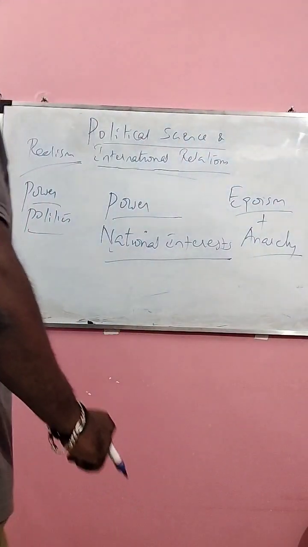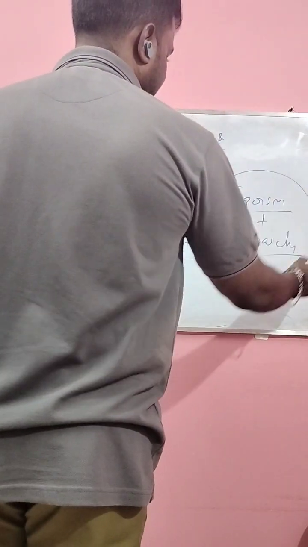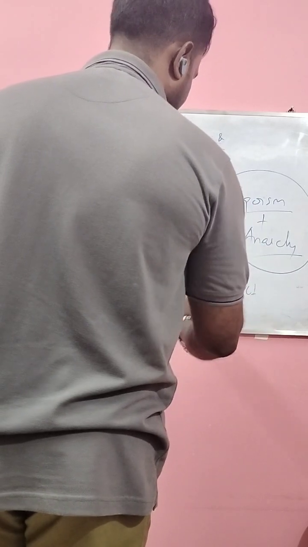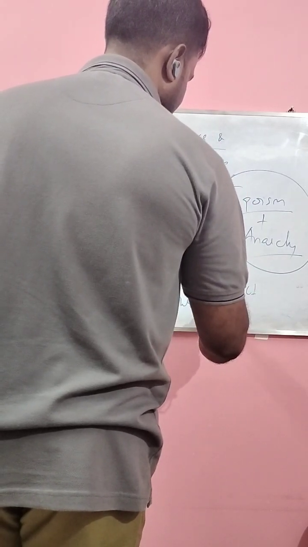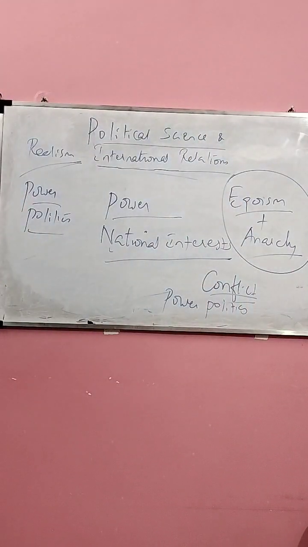While the idealists advocate cooperation, the realists tell that the world is characterized by conflict and power politics. They see the world as an arena of conflict where you find operation of egoism and anarchy.